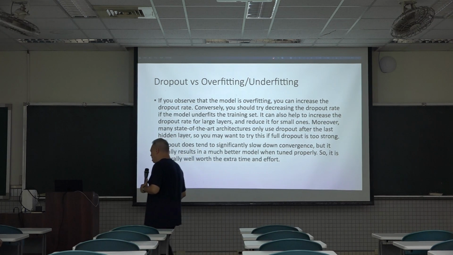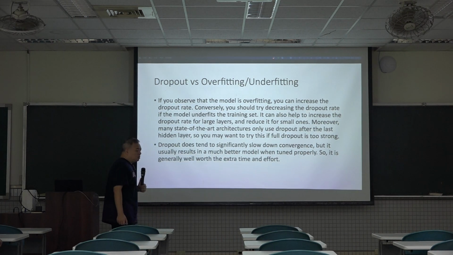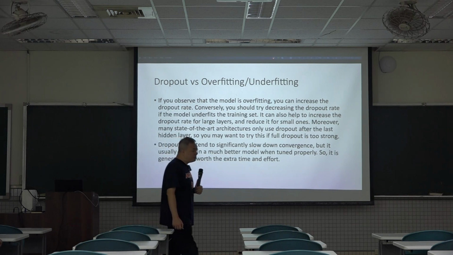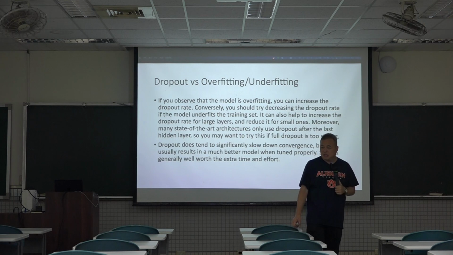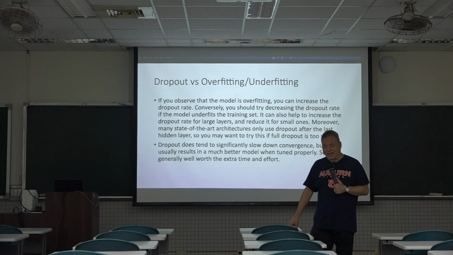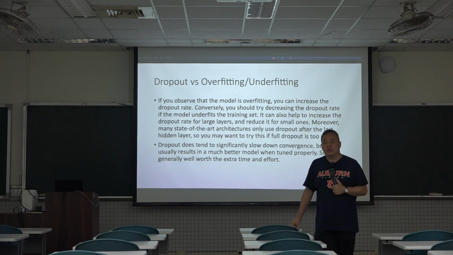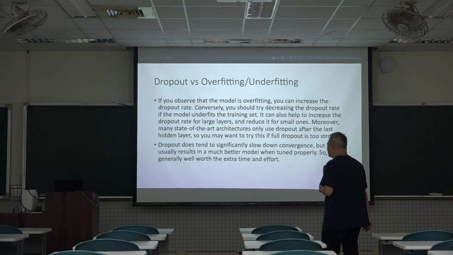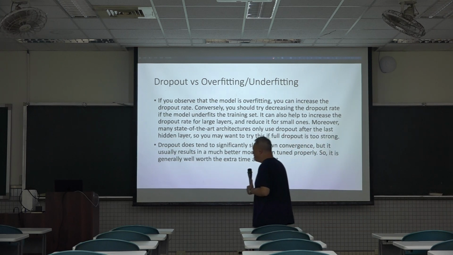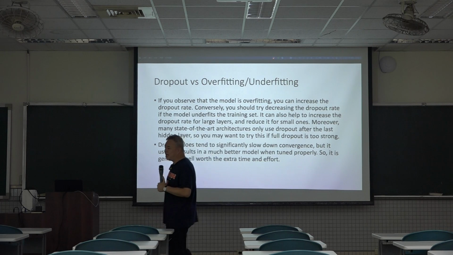And you may ask, because the dropout rate obviously is a hyperparameter, what value should we use? Should we use a large dropout rate or a small one? Well, it really depends on whether your model is overfitting or not.